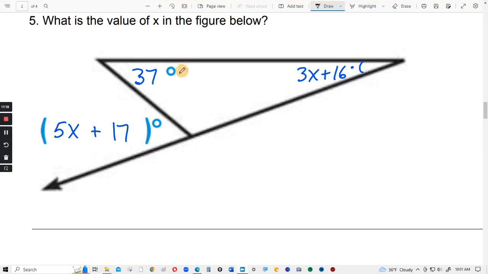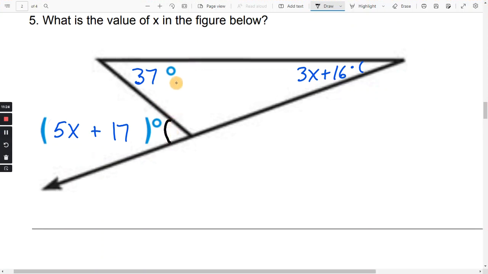Alright, number 5, this is just the exterior angle theorem. So the exterior angle right here equals the sum of the two interiors that are not next to it, or not adjacent. So you just ignore this angle here, and 5x plus 17 is going to equal the sum of these two angles right here.